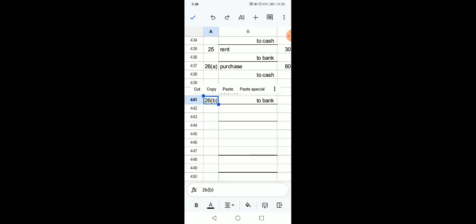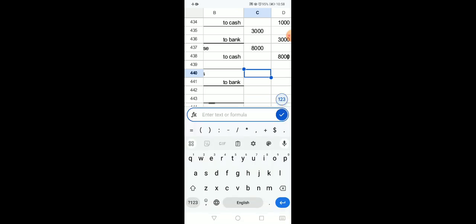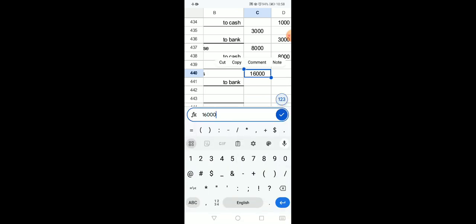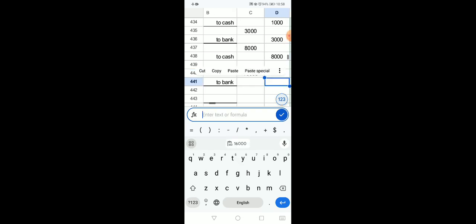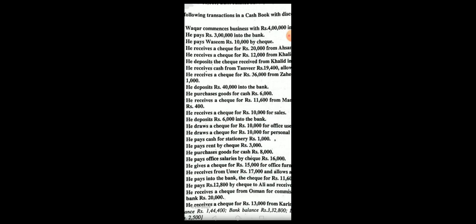In this way, 26B journal has been completed. So you will see how much the amount of salaries is, that is 16,000. All right, so you will mention 16,000 on your debit side, and the same amount you will post on your credit side. This way 26B is completed.